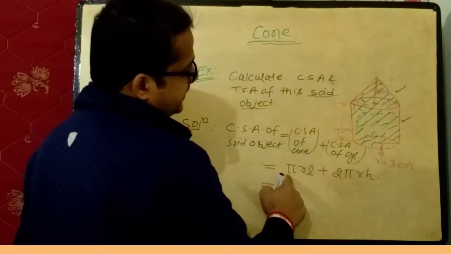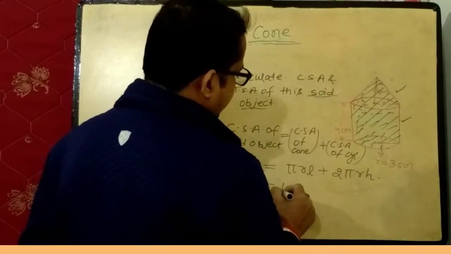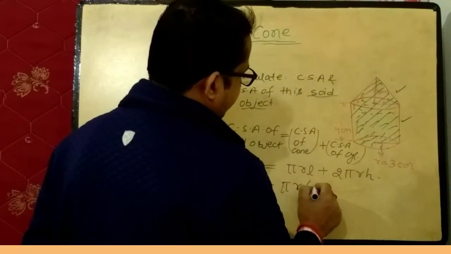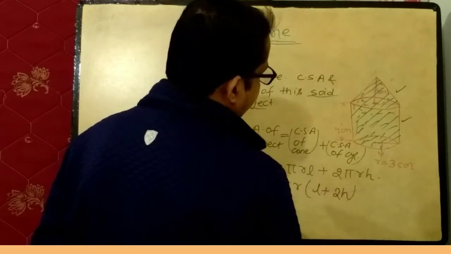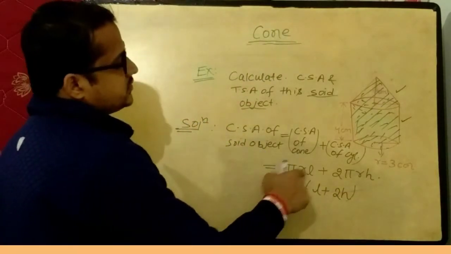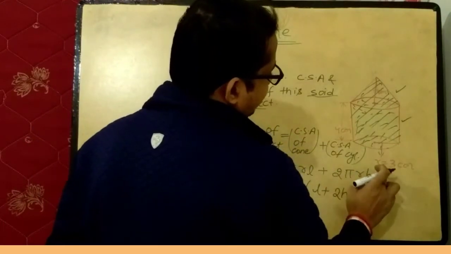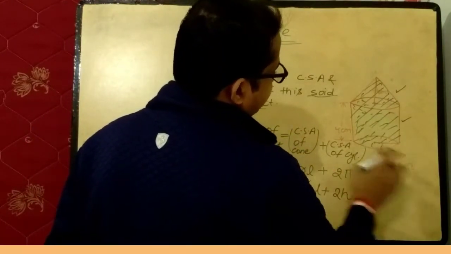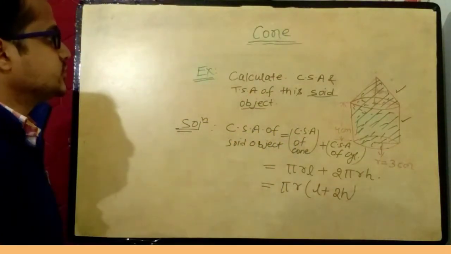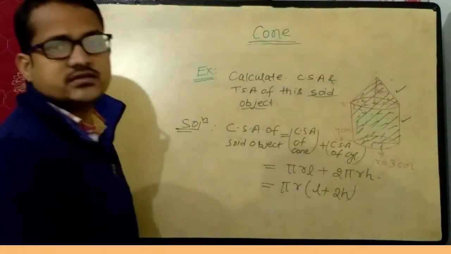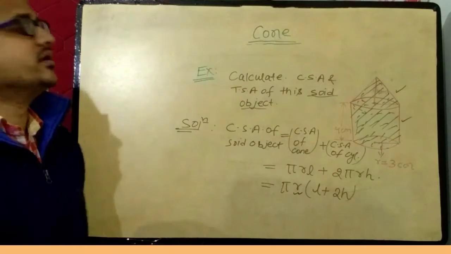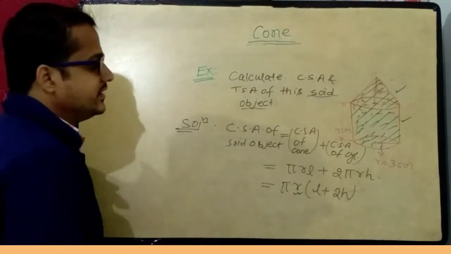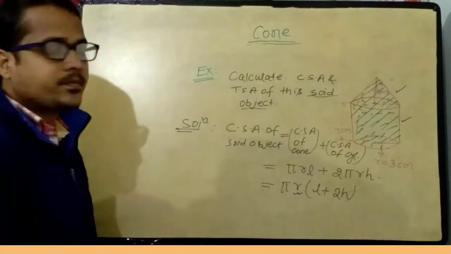Take pi and r as common, so pi r bracket L plus 2h. Here both objects have the same radius, that is the radius of the cylinder is 3 cm as well as the radius of this cone is 3 cm. That's why I am taking r as common. If both radii are different, then we can't take r as common.